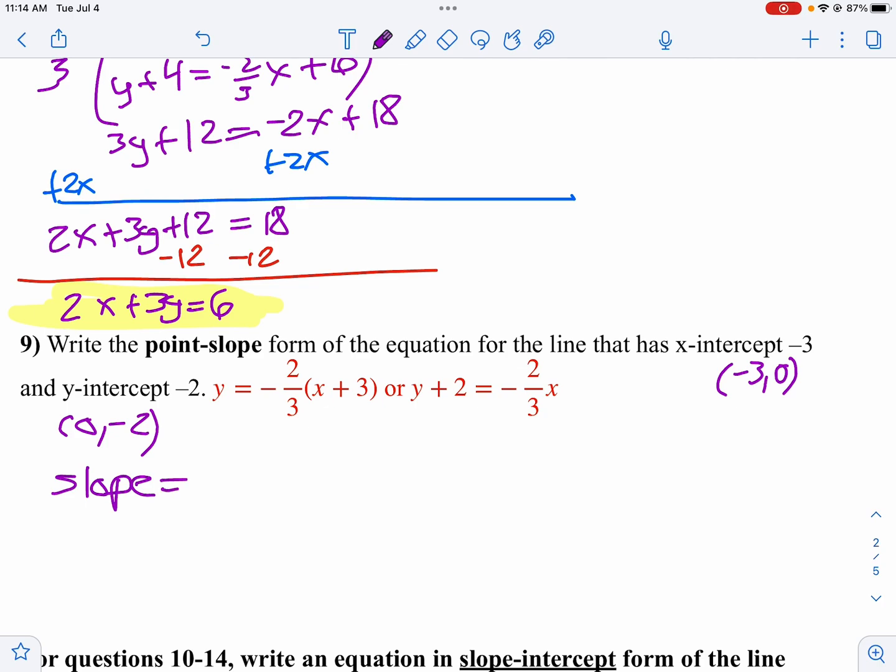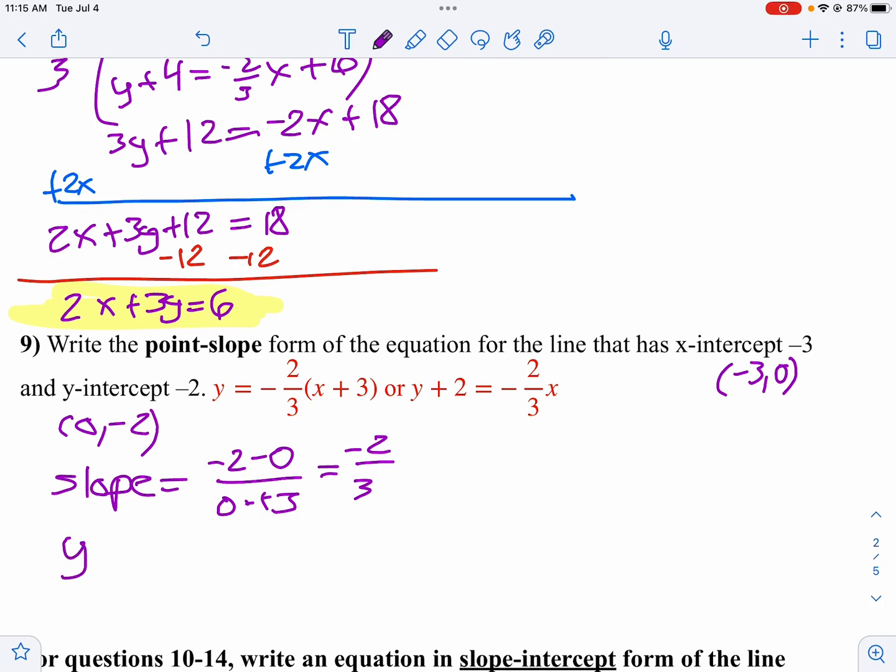So I'll put the second first: negative 2 minus 0 over 0 minus a negative 3. So negative 2 minus 0 is negative 2, and 0 plus 3 is 3.